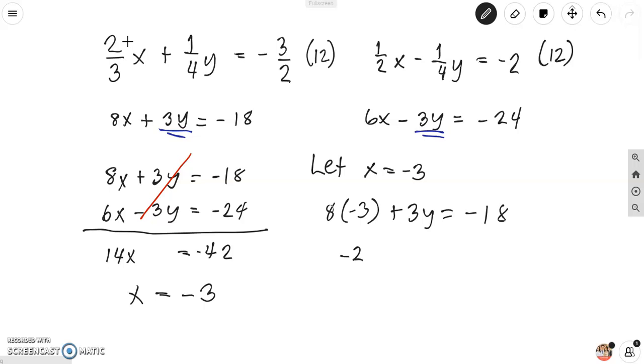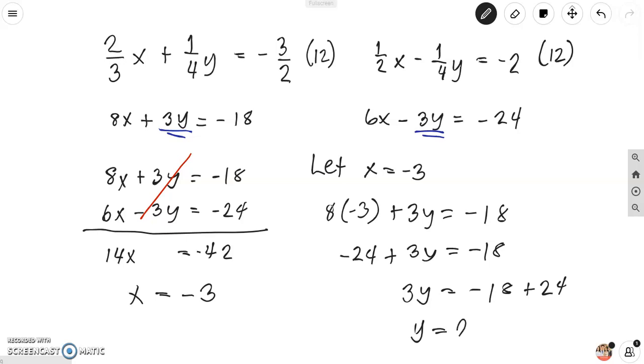So negative 24 plus 3y equals negative 18, which is 3y equals negative 18 plus 24. So our y is equal to positive 2, right? Because this is equal to 6 and then we divide by 3. So the point of x and y is negative 3 and positive 2.